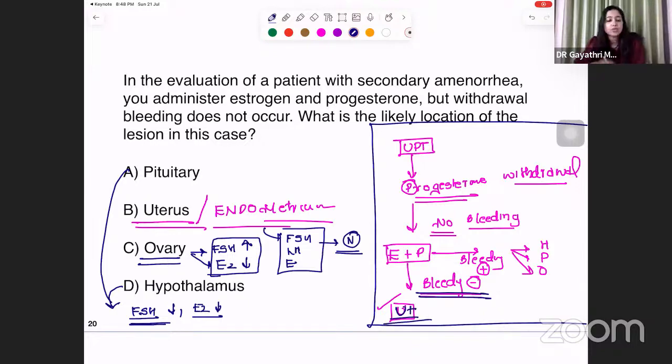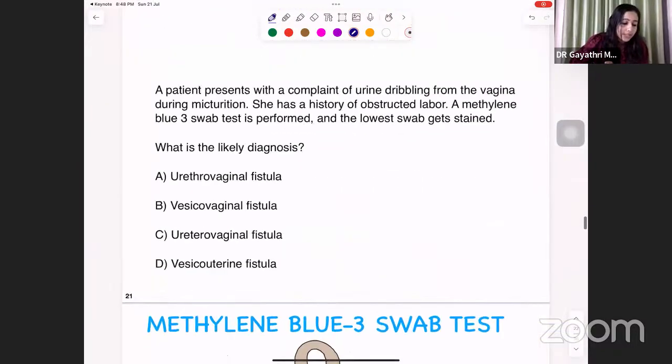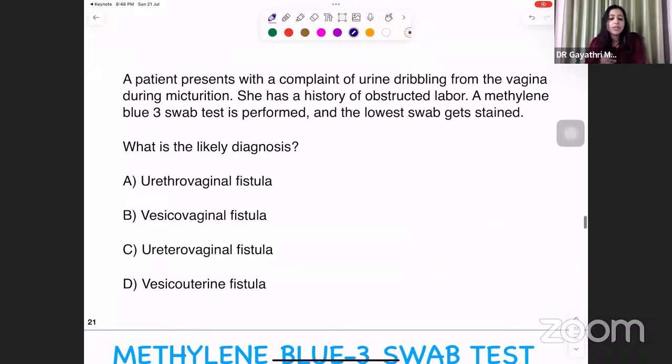Coming to the next question: a patient presents with a complaint of urine dribbling from the vagina during micturition. She has a history of obstructed labor. You perform a methylene blue 3 swab test and the lower swab gets stained. What is the likely diagnosis? If this final part was not there, I would have first thought about a VVF, vesico-vaginal fistula, which is the most common type of fistula.